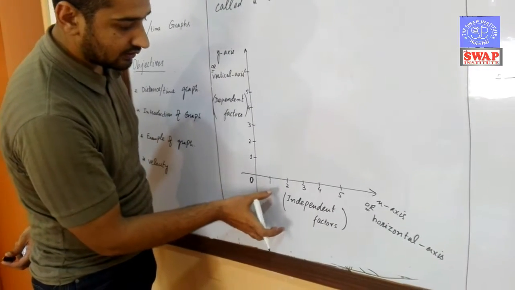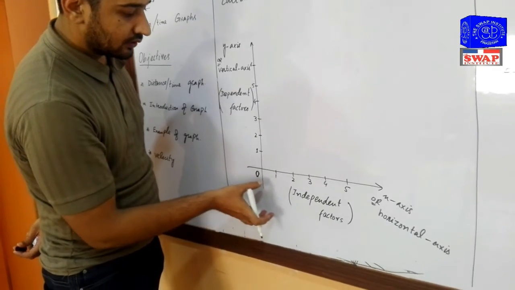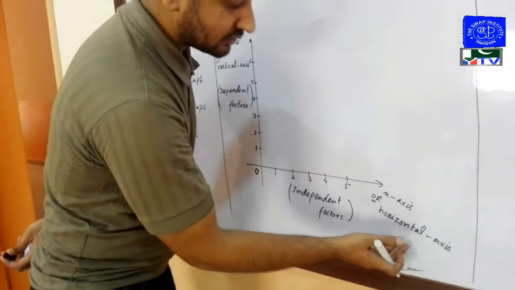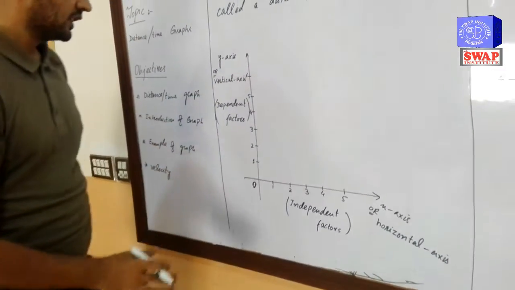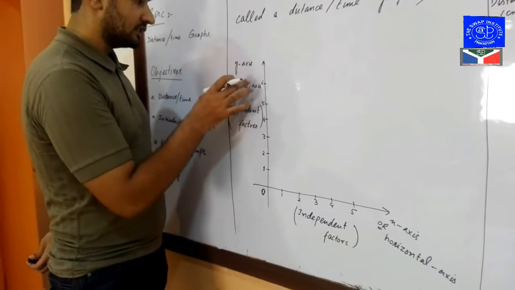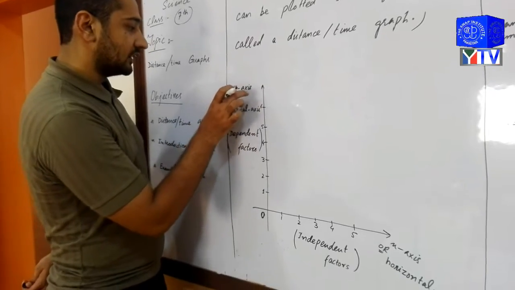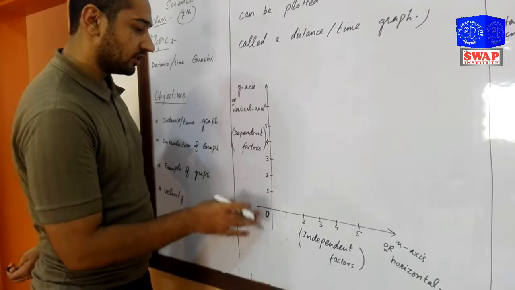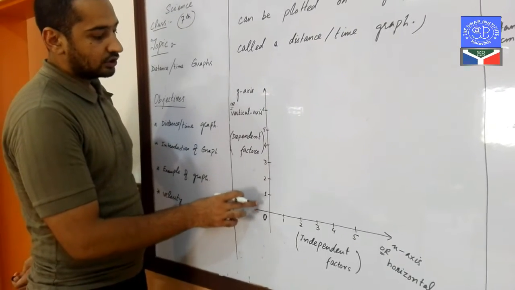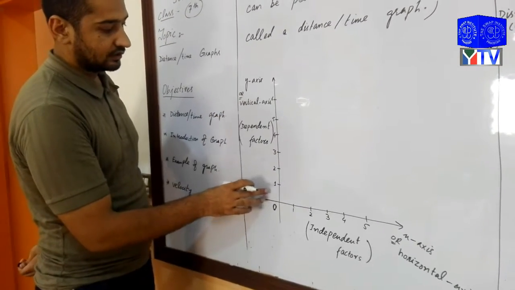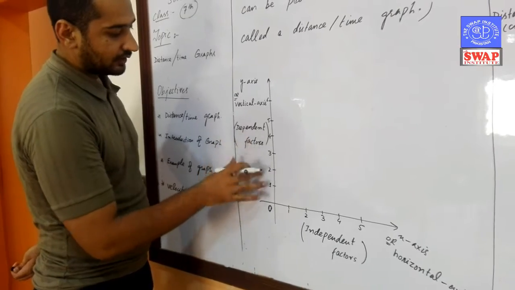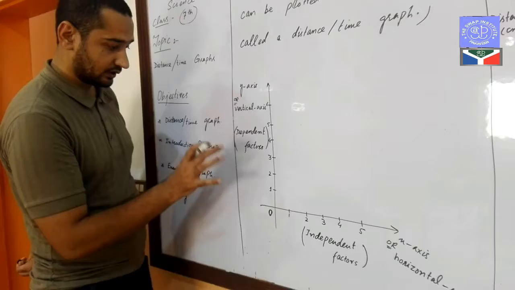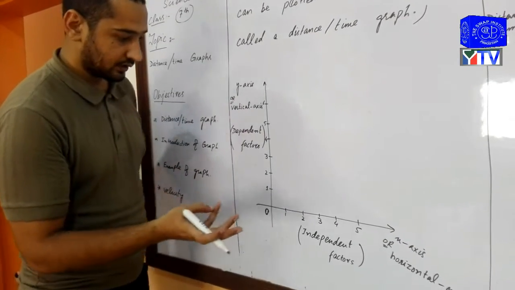Here any quantity which is independent we will take on the x-axis, and we can also say the horizontal axis, and this is the vertical axis, also called the y-axis, and dependent factors are taken on the vertical axis. These are dependent quantities or dependent factors like velocity, acceleration, etc.